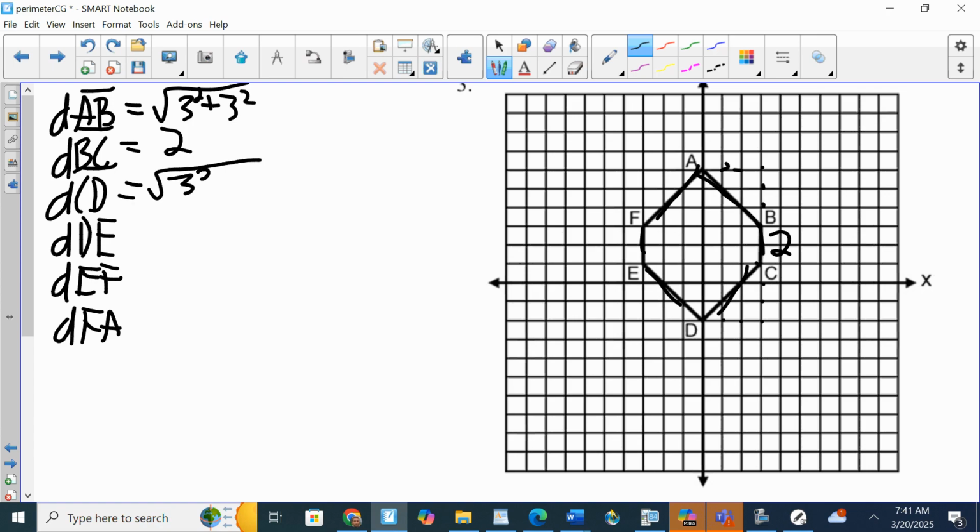Again, if it's a straight side, I don't have to do distance formula. I can just count the boxes. DE is 1, 2, 3. It doesn't matter which direction you count for distance formula. There's no negatives. Everything's positive in distance. You can't have a negative distance. EF is straight, 1, 2. FA is 1, 2, 3.